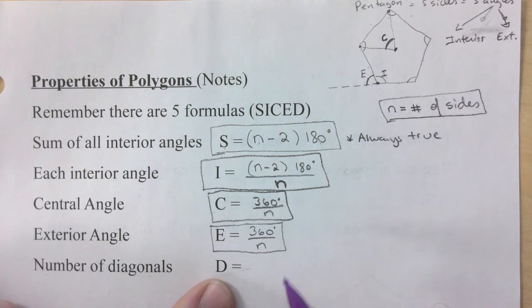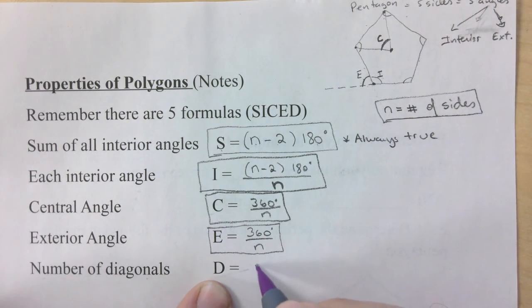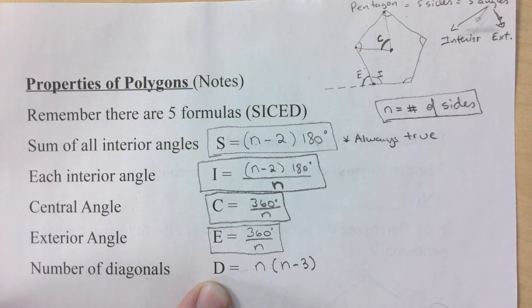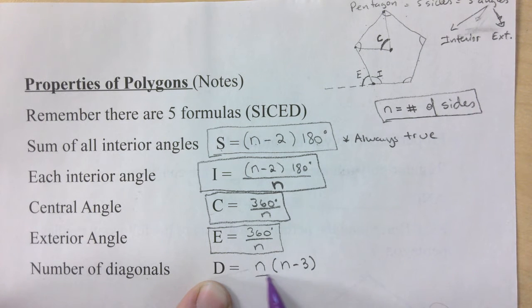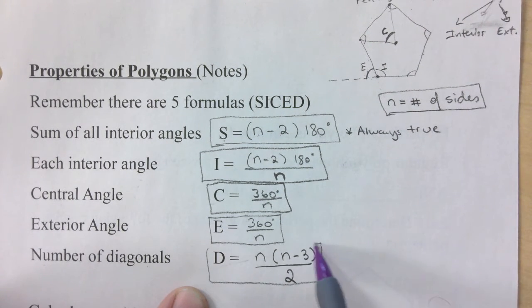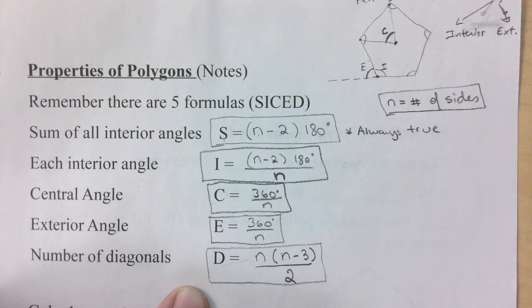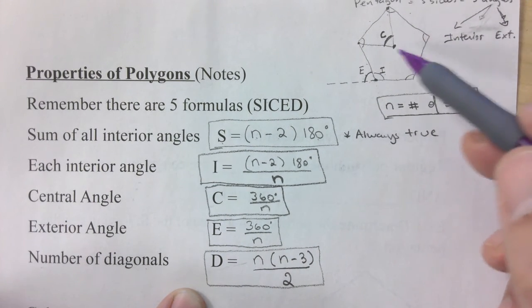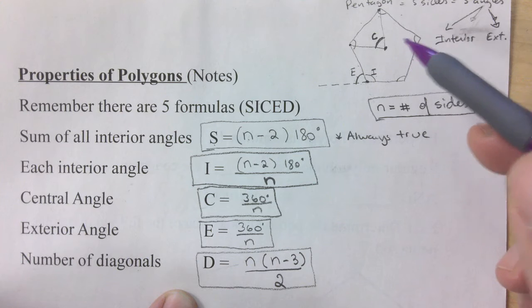Number of diagonals. That one I need to always remind myself. It's n times n minus 3 divided by 2. And I won't make this diagram up here too messy.